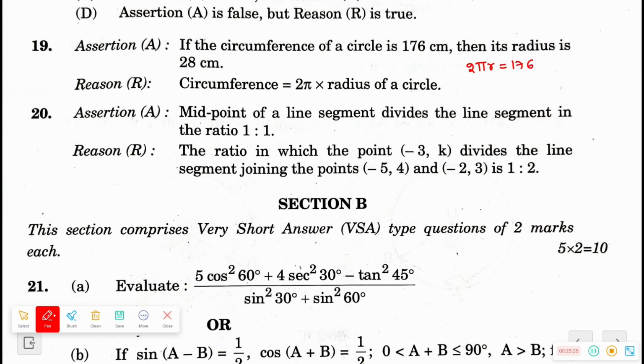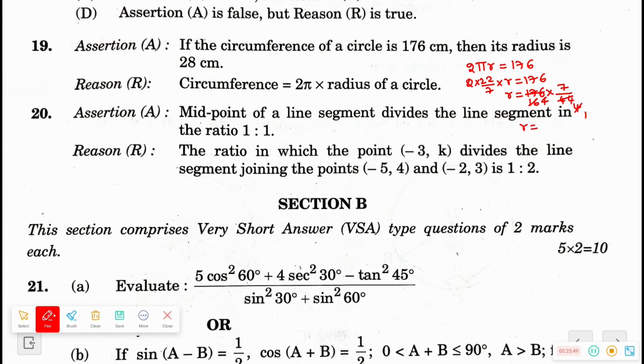Then we have to find out the radius. So 2 into 22 by 7 into r is equal to 176. R is equal to 176 into 7 by 2 into 22, which is 44, after transposing. Now if we cancel, 11 fours are 44, 11 sixes are 176. Again 4 ones are 4, 4 fours are 16.